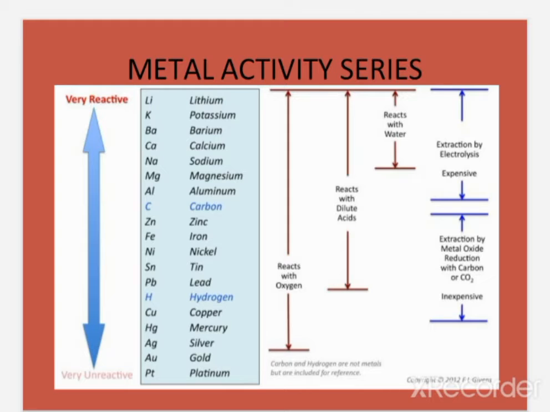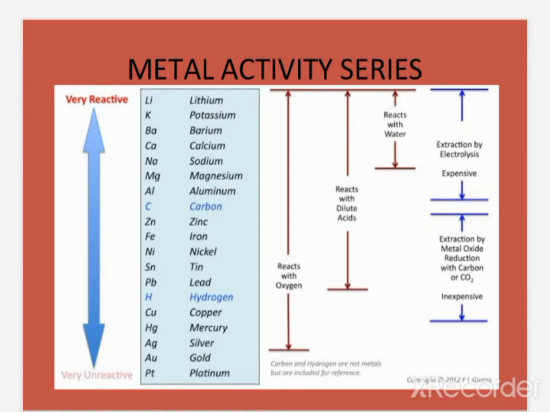A list of metals arranged in decreasing order of their chemical reactivity is known as the metal activity series. Okay. Now among the commonly known metals, you can see potassium is kept at the top and the least reactive metal, platinum, is kept at the bottom of the list.